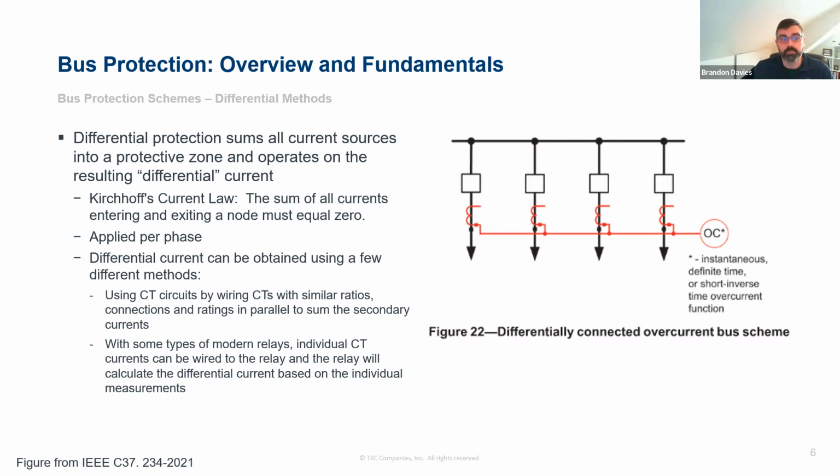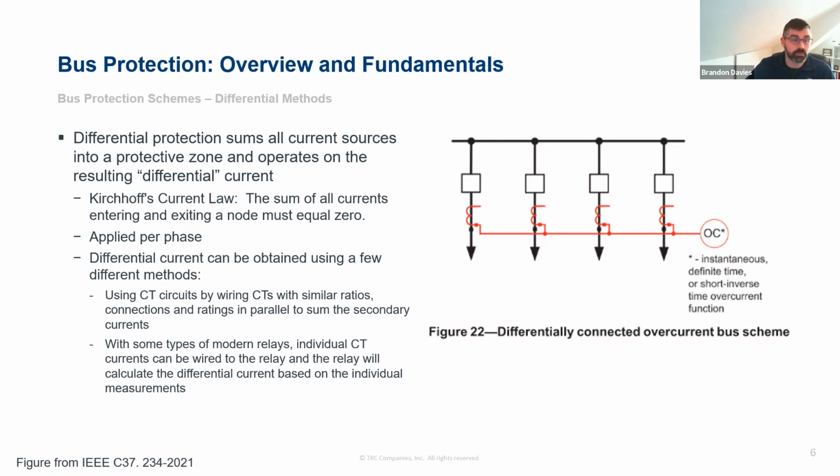So you would do it per phase. You've got a 3-phase system. If you've got phase labels A, B, and C, or 1, 2, and 3, each one of the phases would have its own summation. So you're not summing all 3 phases together like you would to get a 0 sequence quantity.